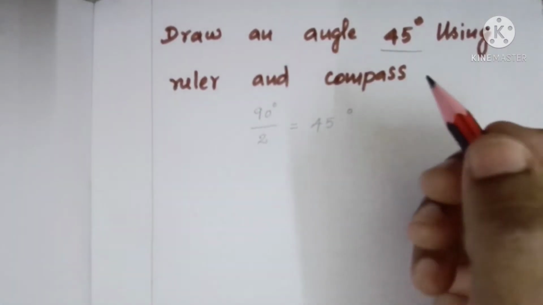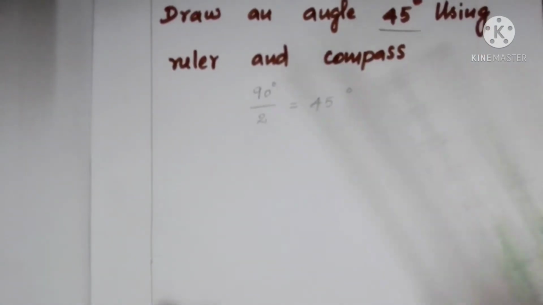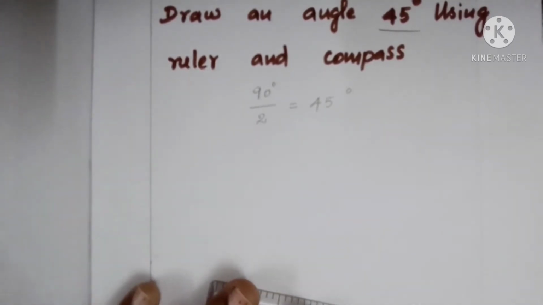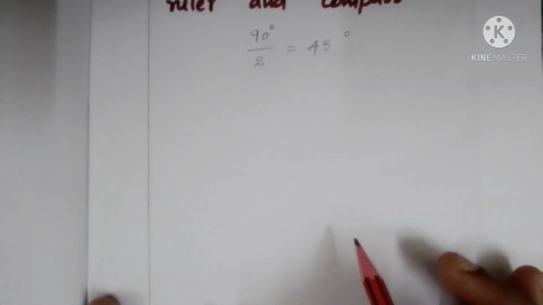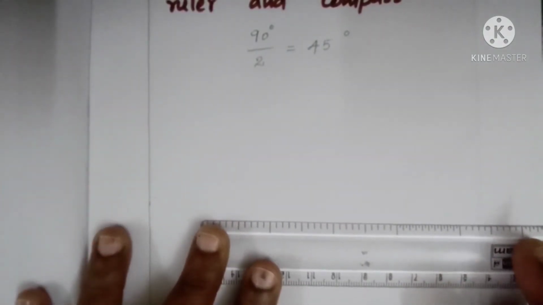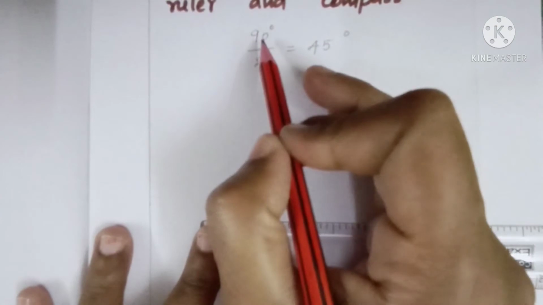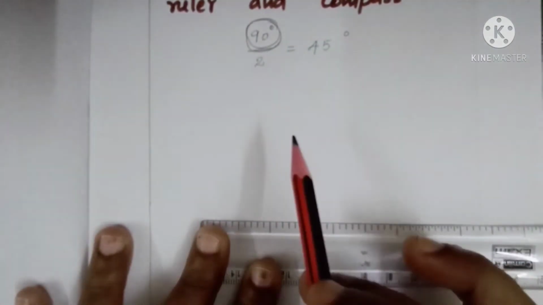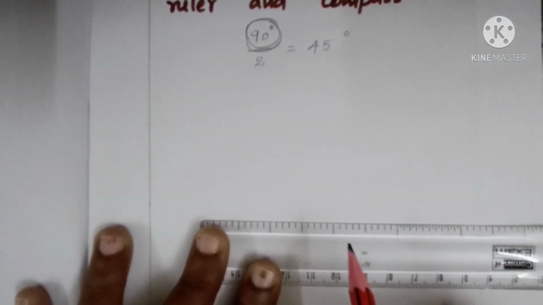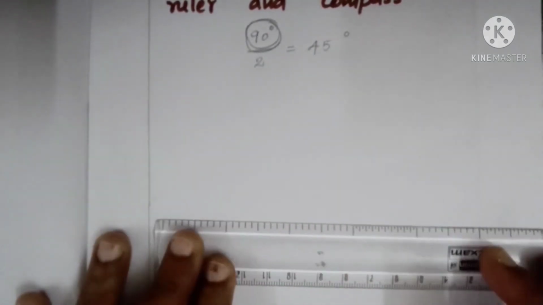So now first draw an angle 90 degree using ruler and compass. We have already learnt the construction of a perpendicular to a line through a given point on the line. The same process for this diagram also, because perpendicular means it makes an angle 90 degree at the point.